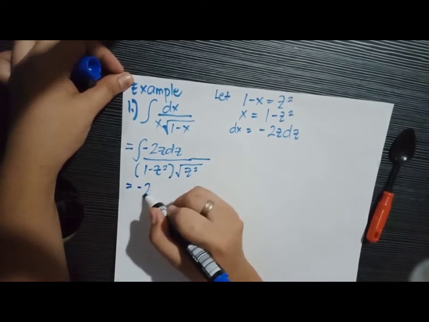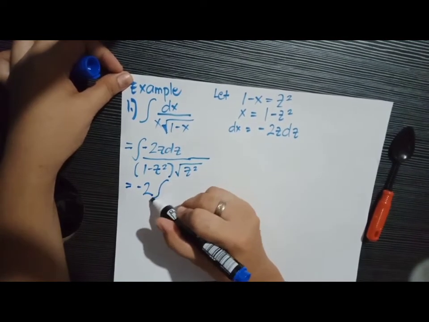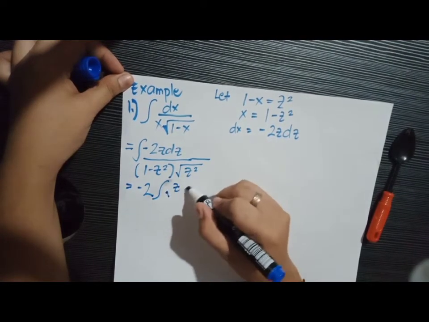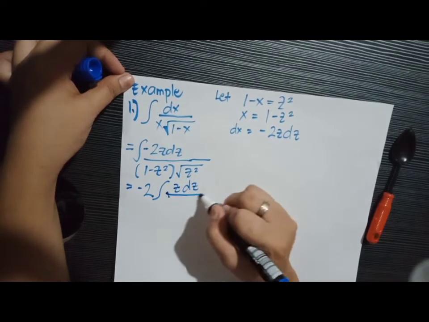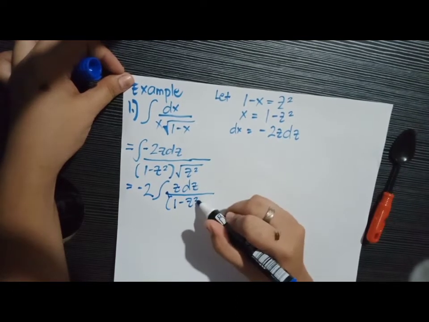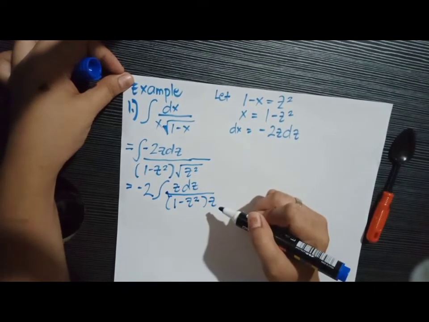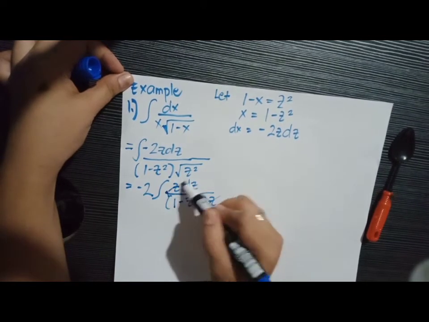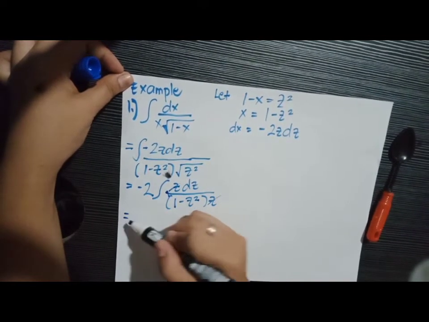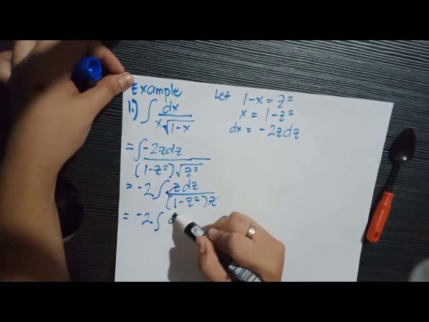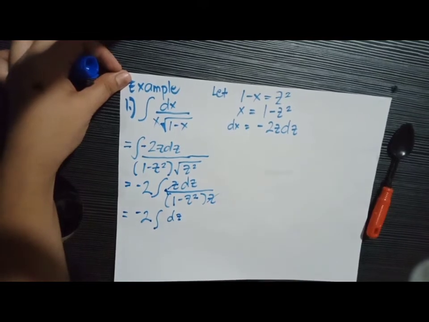Therefore, equal to negative 2 times the integral of z dz over, simplifying the square root of z squared, 1 minus z squared times z. Cancel z, we have negative 2 dz over 1 minus z squared.